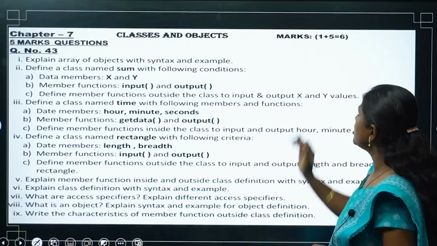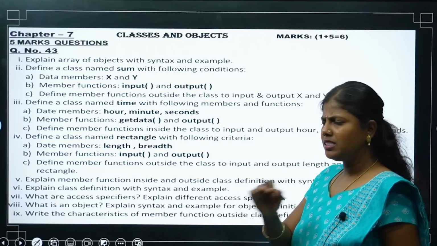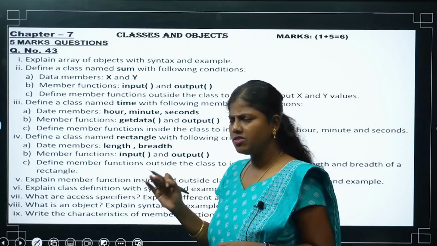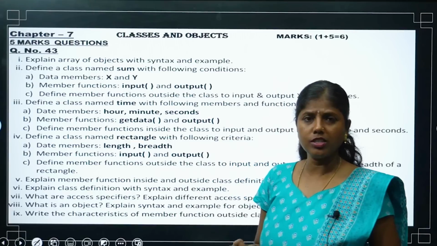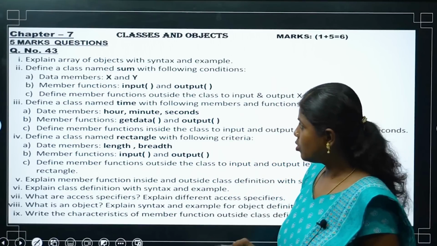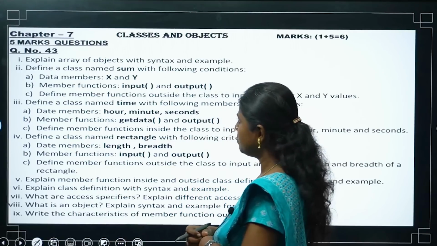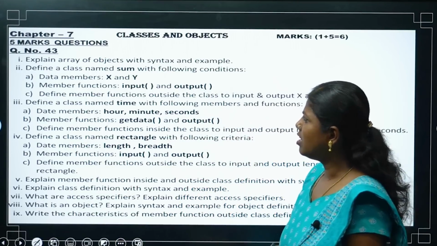There will be one MCQ and a definite 5 marker question. It is repeated in all the model papers released by the PU board, and definitely one program based question will be there. Array of objects, with syntax and example, is the most asked question.